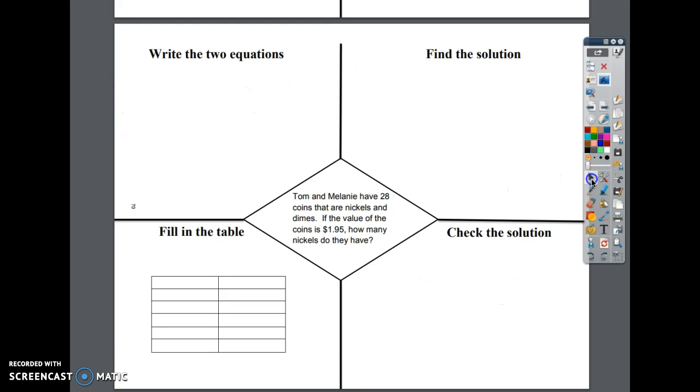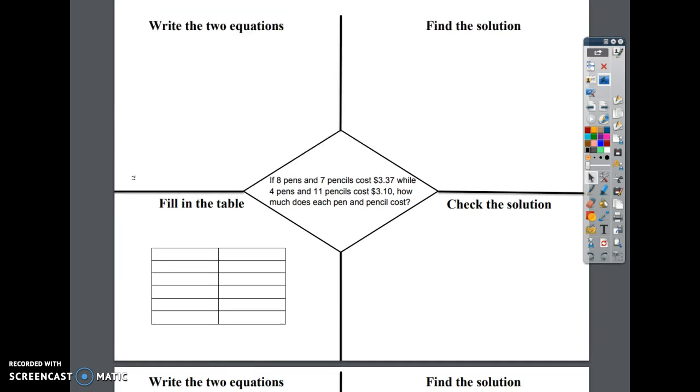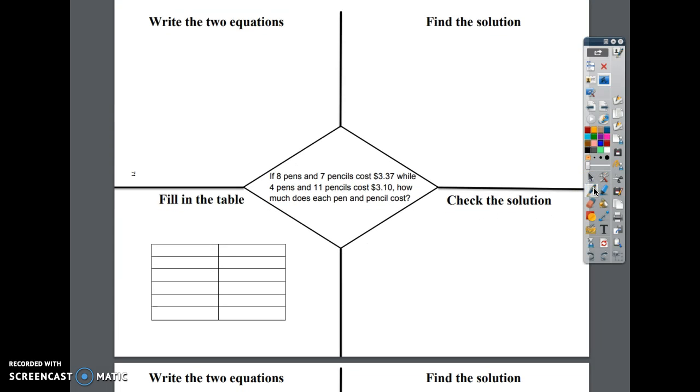On the back page, this one is super, super easy. It's all set up for you. Remember, we changed these numbers. That was $3.41, and that was $3.13. So it says that 8 pens, so I'll just use X for pens, and 7 Y's, Y for pencils, 7 pencils, which is your Y. So that's 8X plus 7Y equals a total of 3.41.